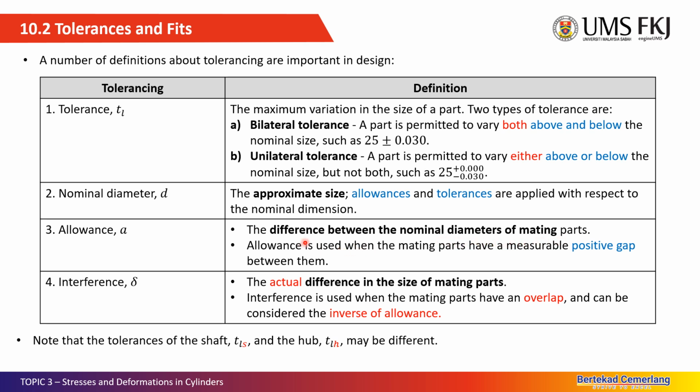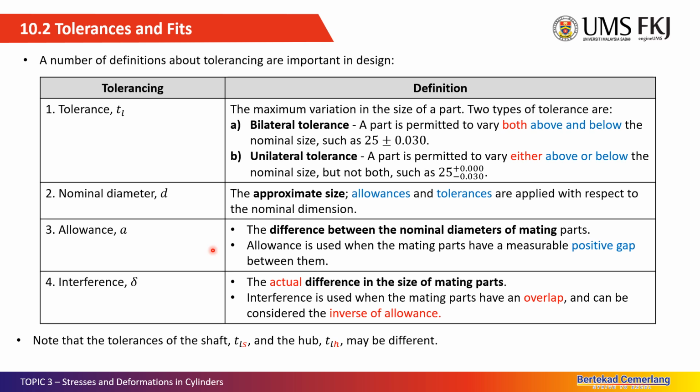The allowance is used when the matching parts have a measurable positive gap between them. So if they have a gap between the male mating part and the female, the positive gap, that one we call allowance.